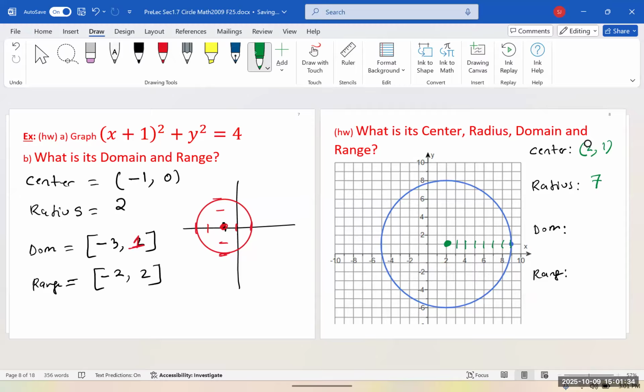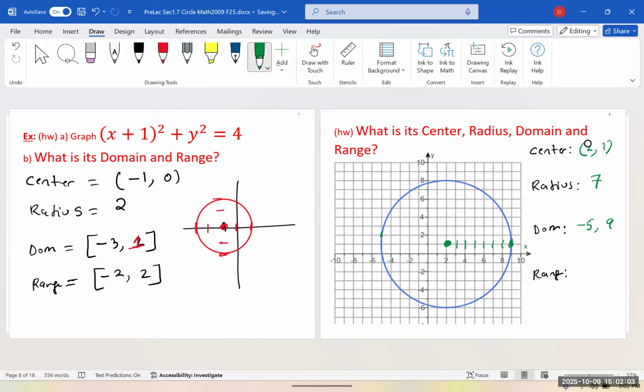Domain is the smallest x value to the largest x value. So in this circle, what's the smallest x value we have? -5, perfect. -5, which is here. And the highest one is what? 9, which is here. Good.